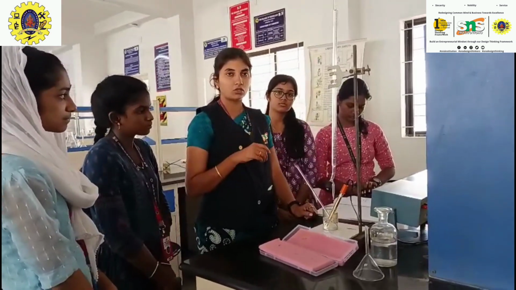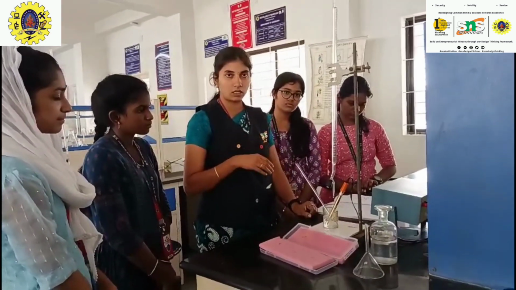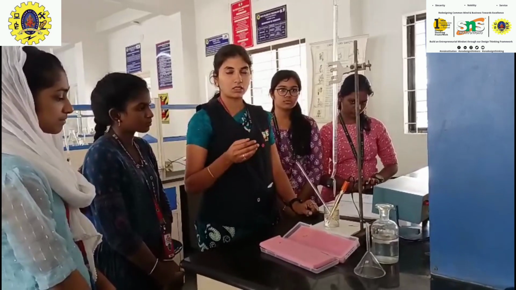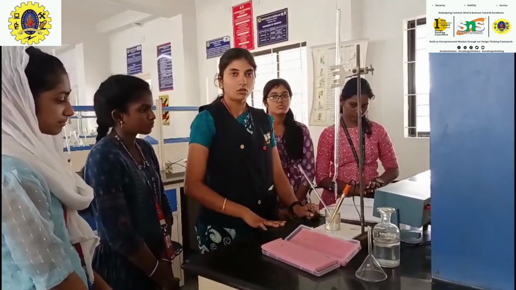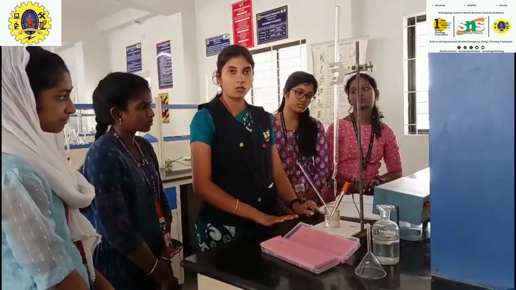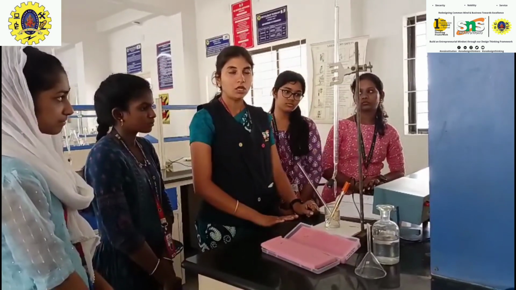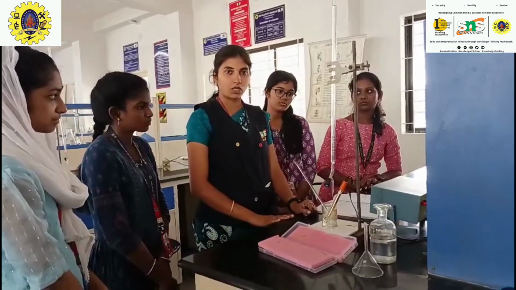From this we can identify the strong acid HCl first and then the acetic acid CH3COOH, and the volume of sodium hydroxide from the neutral points of the graph. Thank you.